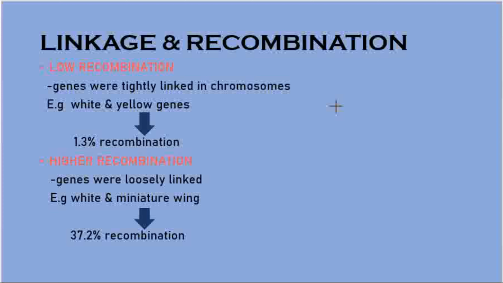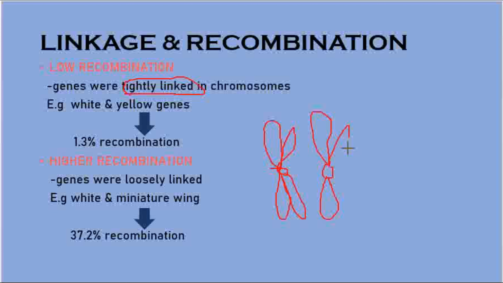There is low recombination when the genes are tightly linked in a chromosome. Imagine we have two homologous chromosomes, and during the pachytene stage of meiosis crossing over will occur. When the genes are tightly linked, like a chain tightly linked with each other, it becomes difficult for the genes to get split.